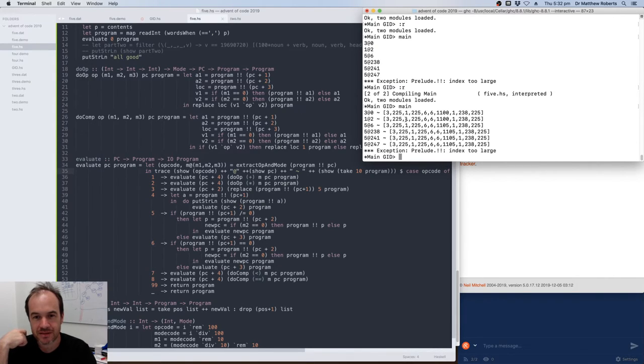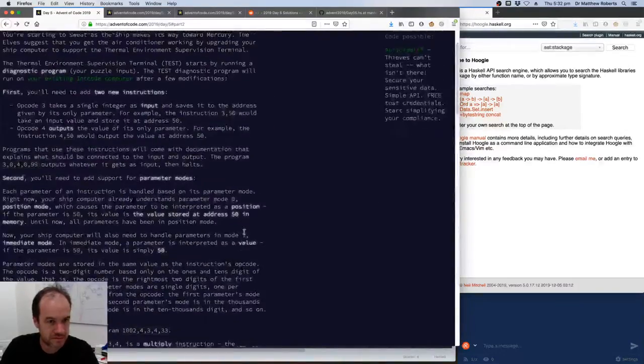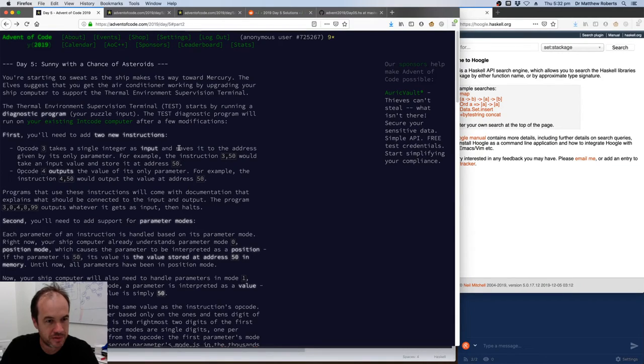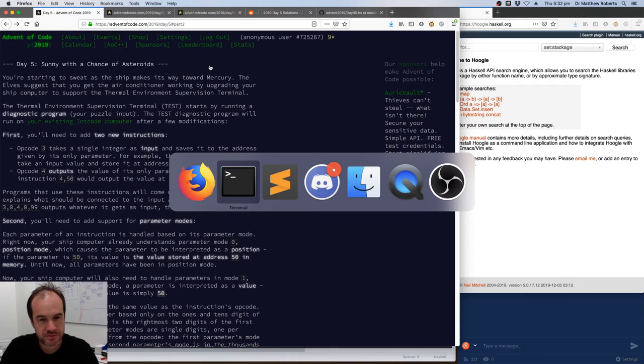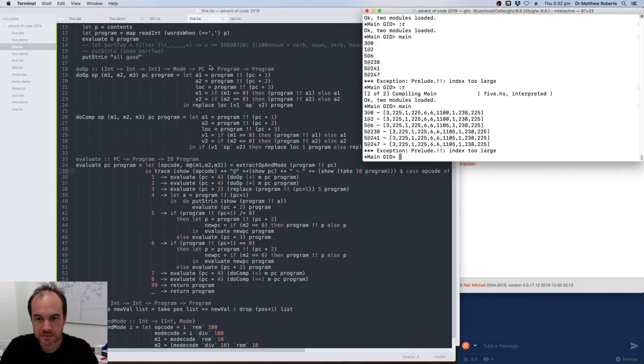So this 1 should be 0001, and 1 should be from week 2. The opcode is just a multiply. So 1 is the multiply, and it's multiply, oh, no, it's multiply 225 by 6 and put it in 6.